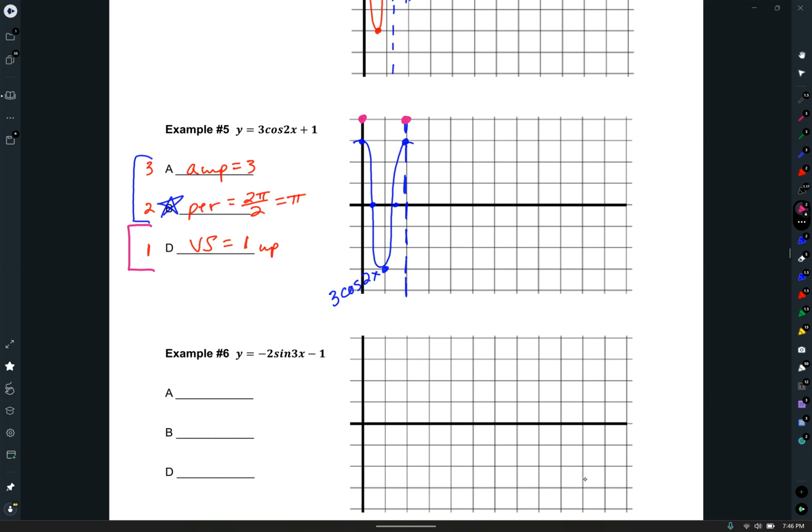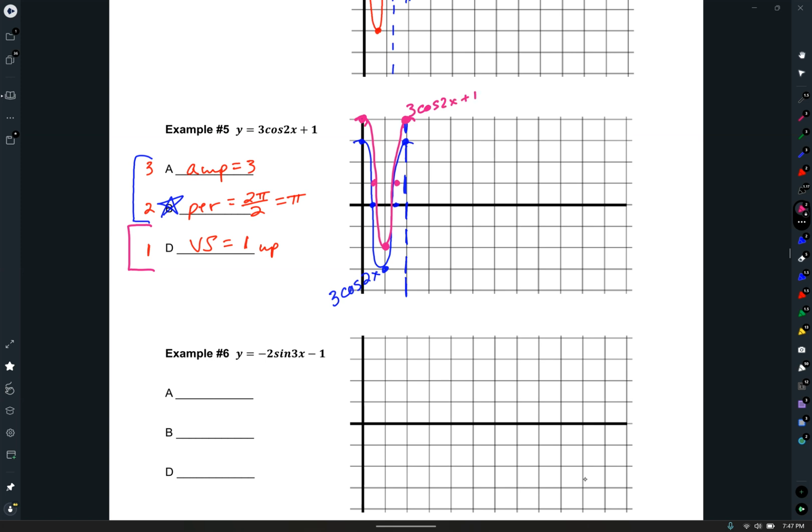I'm never going to know how you do it. I just think it's helpful. This one's going to come up 1, and then each of these will come up 1. So my final graph that has the amplitude and the period and the vertical shift is this pink one. So this would be the graph of 3 cosine 2x, and it does include the +1.